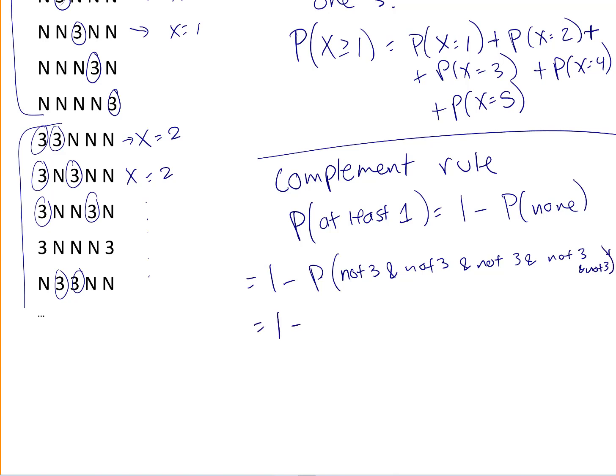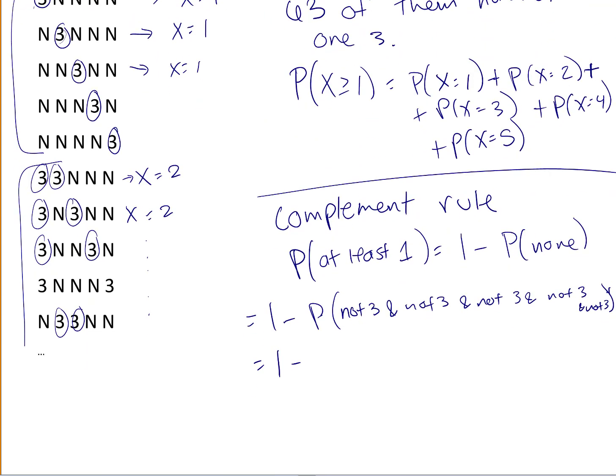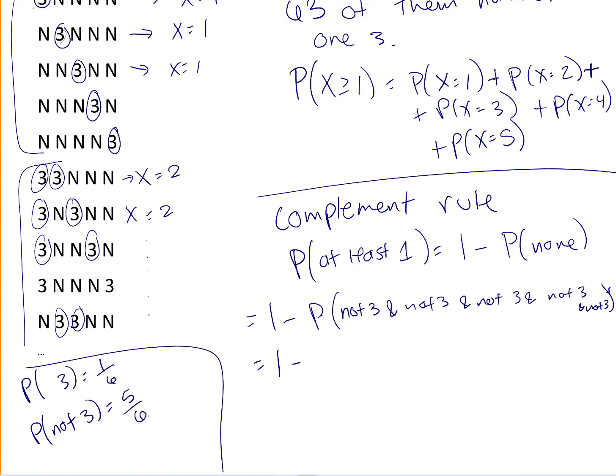Well, the probability of a not 3, let's come over here and do that. The probability of getting a 3 is 1 out of 6, which means the probability of a not 3 would be 5 out of 6.